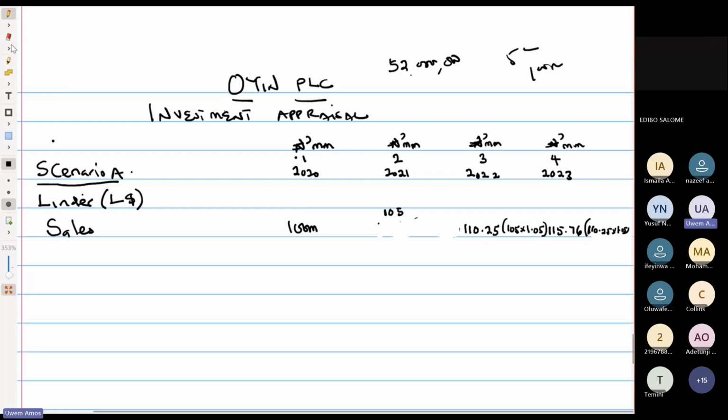Okay, that also works for me. So you would have 105, then the bracket, 100 multiplied by 1.05. Yeah, it works for me. So 105 multiplied by 1.05 to show my computation.